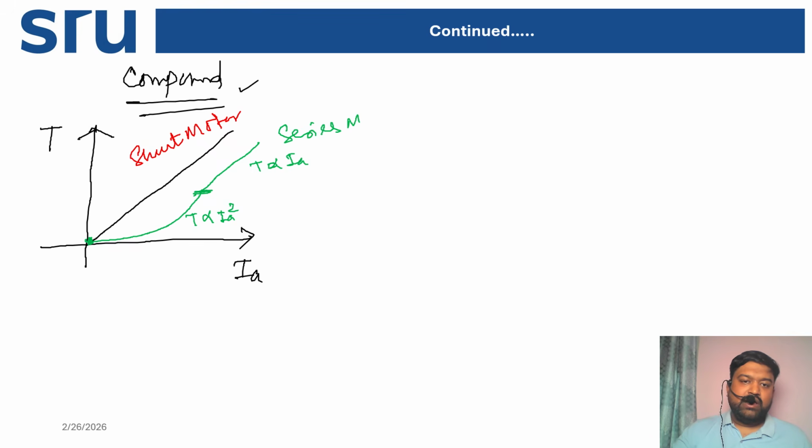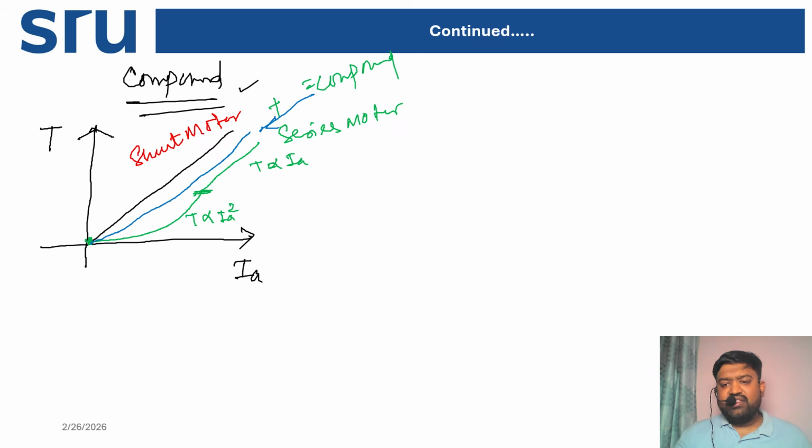Okay, and we know that shunt motor plus series motor is equal to your compound motor, right? In the compound motor, the graph is improved a little bit. That is in between these graphs. That is your compound motor graph. And see, there are also over compounding and under compounding.